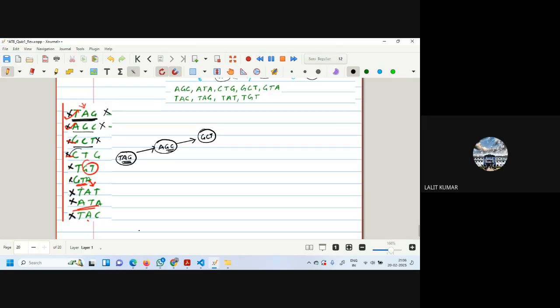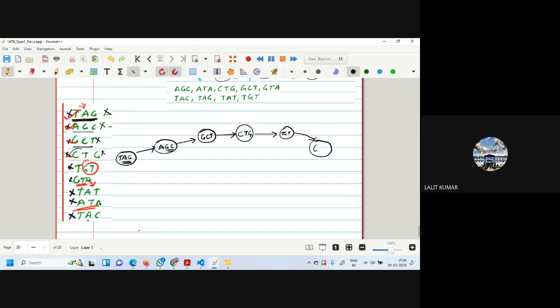From here, I can go to CTG. From CTG, I can go to TGT only.